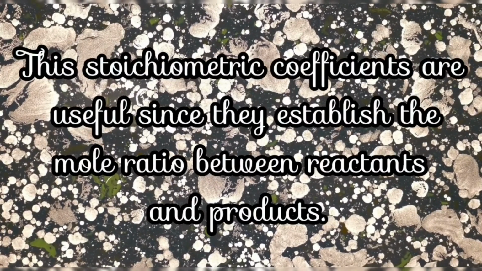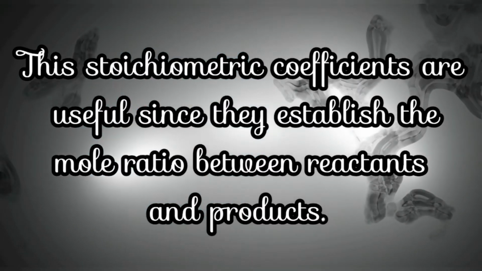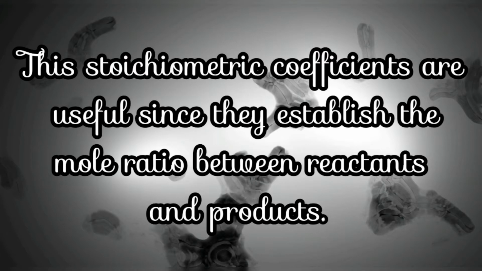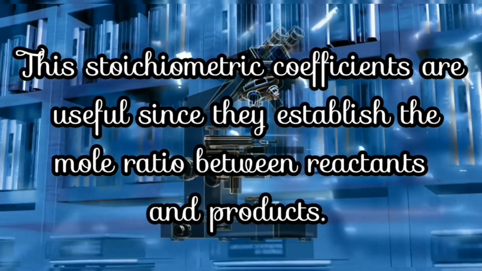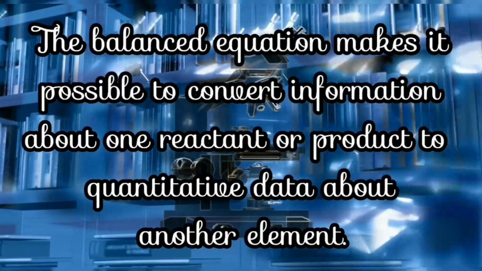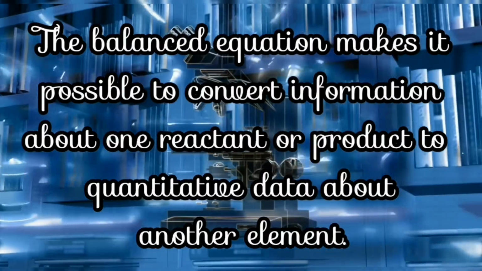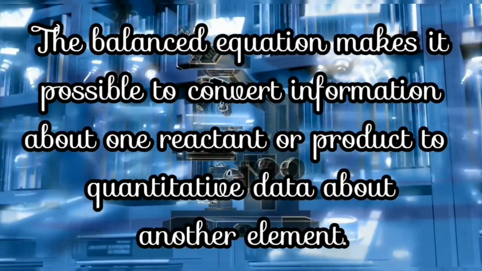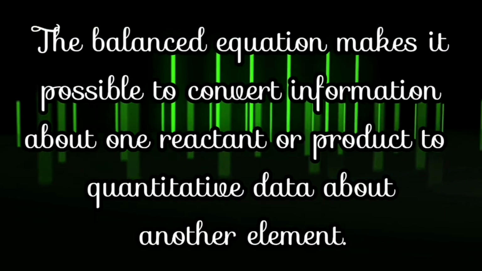These stoichiometric coefficients are useful since they establish the mole ratio between reactants and products. The balanced equation makes it possible to convert information about one reactant or product to quantitative data about another element.